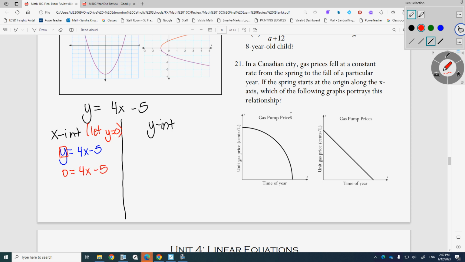I'm going to box in that 4x because that's what I need to isolate. Jack, what do you want me to do first? If I want to get that 4x by itself, add 5. We're going to get a decimal answer, that's okay.